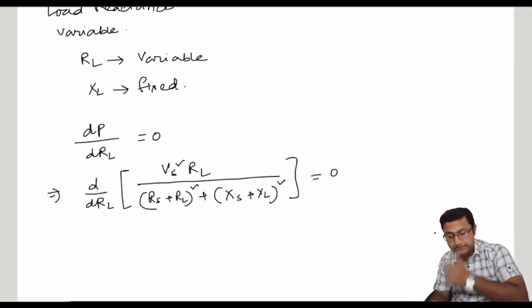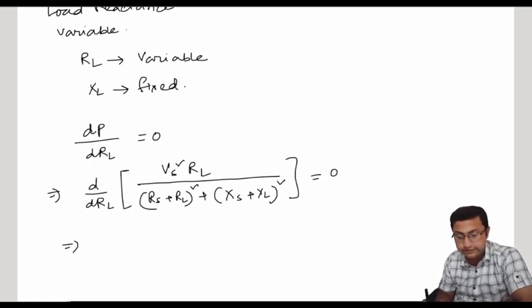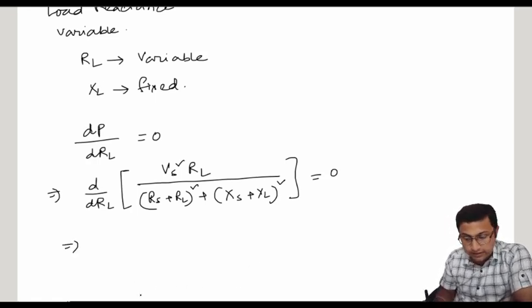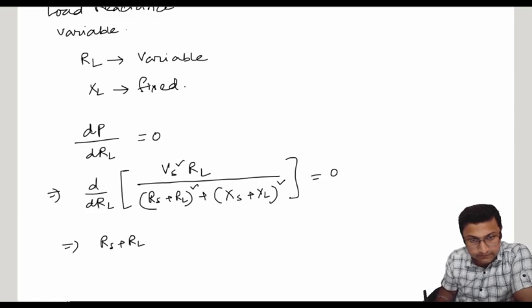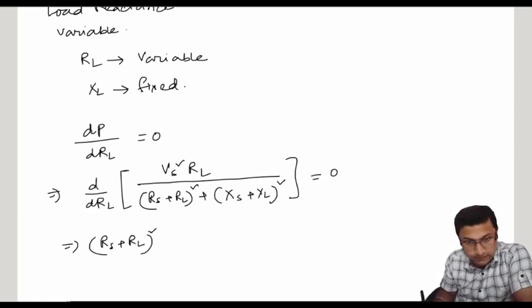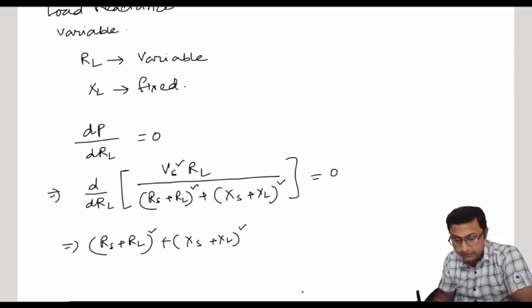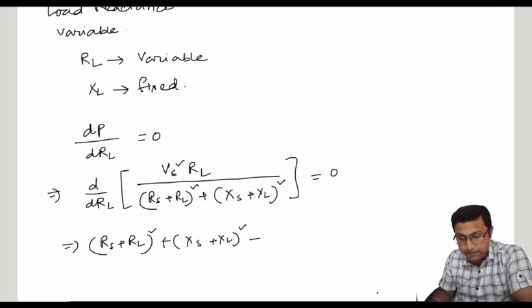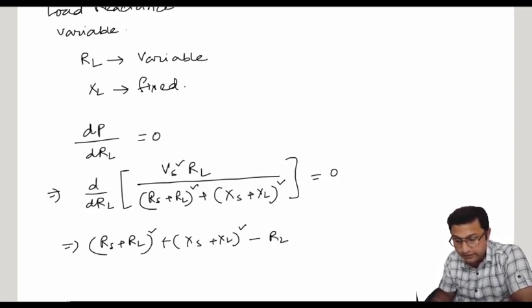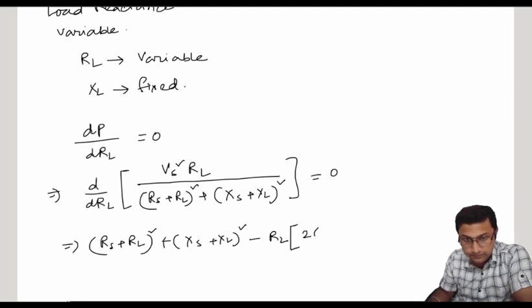So now with respect to RL, that means (Rs plus RL) whole square plus (Xs plus XL) whole square, minus, that means V into U dash, d/dRL of RL means 1, minus RL into 2 times (Rs plus RL).